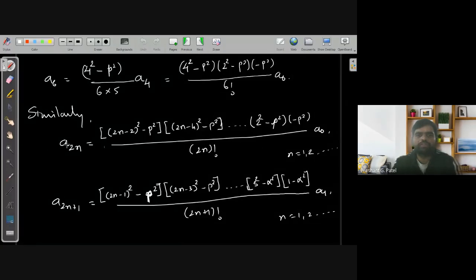What is this a2n? If some integer is there, let's say capital N, then what will happen?